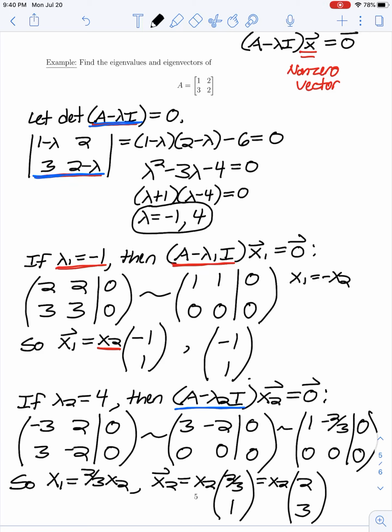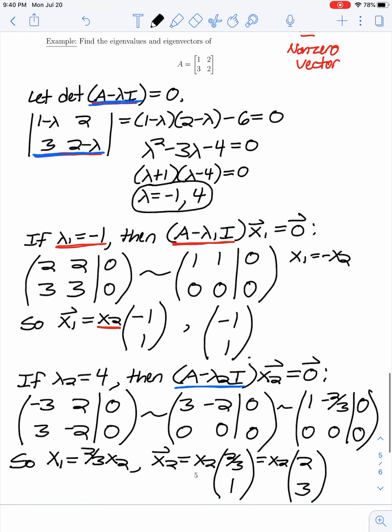If I take x2 instead to be 3 times x2, I can eliminate that fraction in my first entry. Any vector of this form would be an eigenvector, and if we just need one particular choice, we could take (2, 3). So this example illustrates how to find not only the eigenvalues of a matrix, but the eigenvectors associated with those eigenvalues.